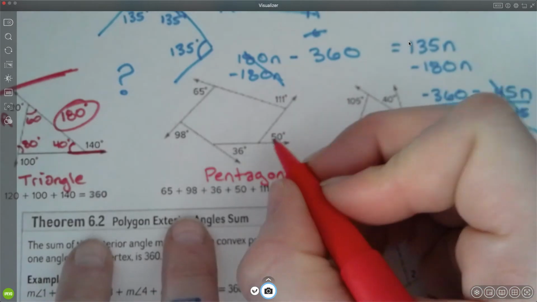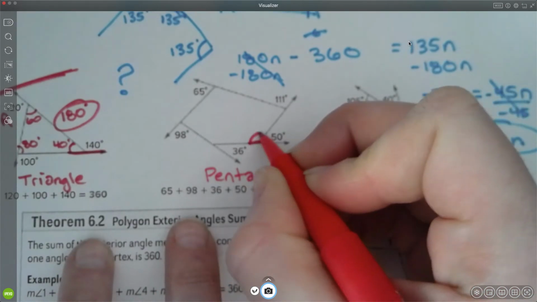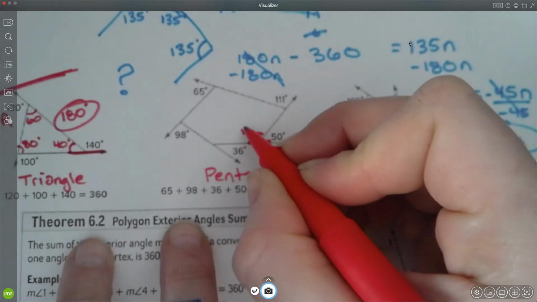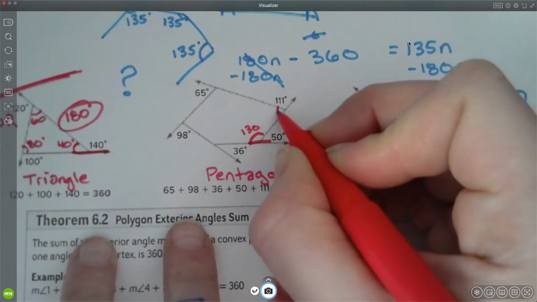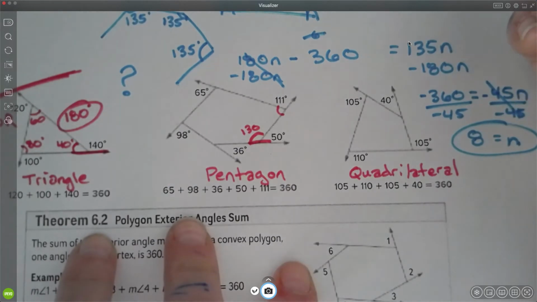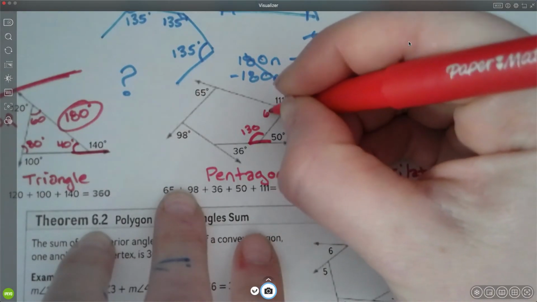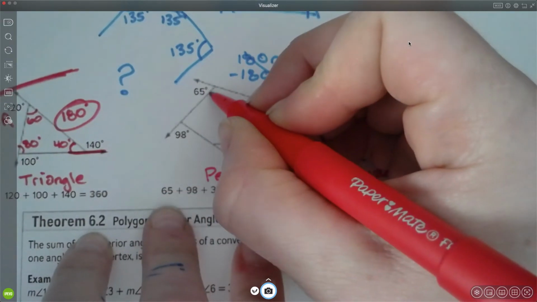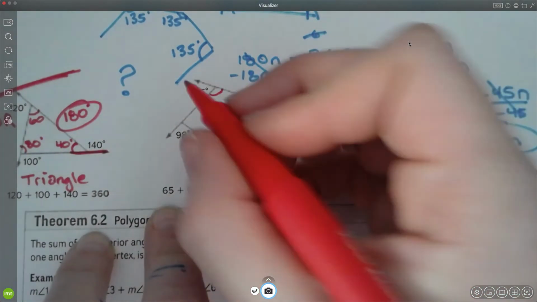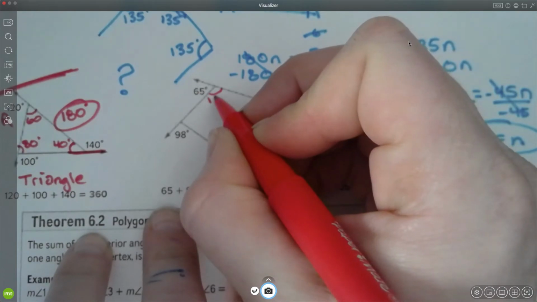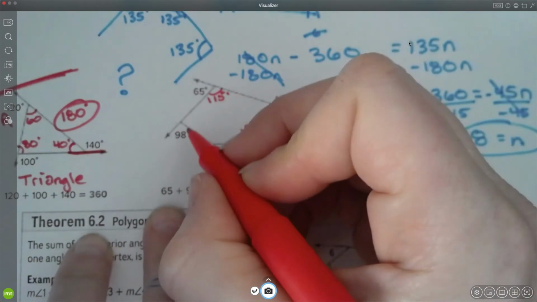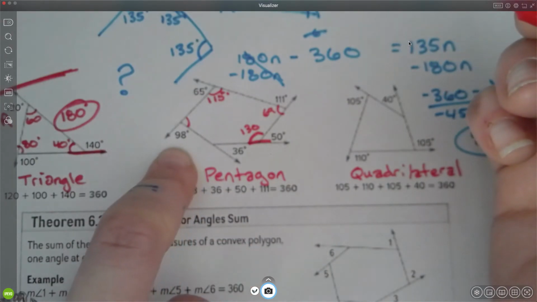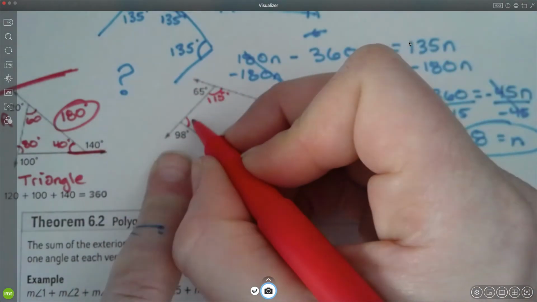Let's do the same thing over here. If we start with this 50, what will this angle be? 130. This is 111. 180 minus 111 is 69. 180 minus 65 gives you this angle. What's that? 115. 180 minus 98 is 82.